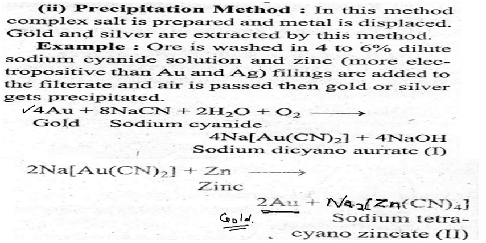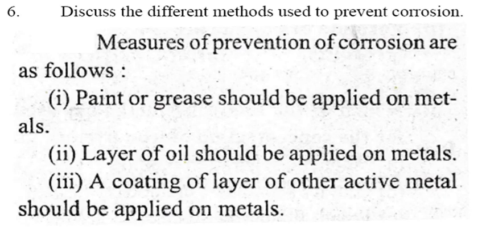Gold is separated here and it forms Na2Zn(CN)4. It is sodium tetracyanozincate. So you can learn the name. Now come to the next question.